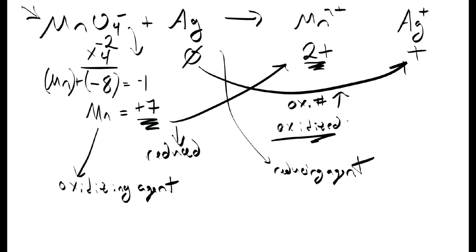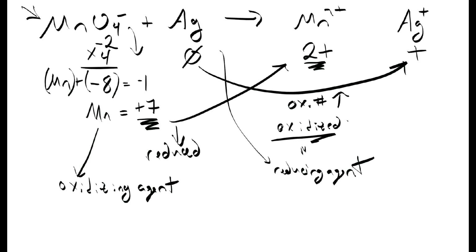The reason manganese is called the oxidizing agent is because it's causing silver to be oxidized. Agent means a thing that acts or a thing that does something. So the oxidizing agent is the thing that causes oxidation to happen. Likewise, the reducing agent causes reduction to happen. Okay? So the thing that is being oxidized is the reducing agent.